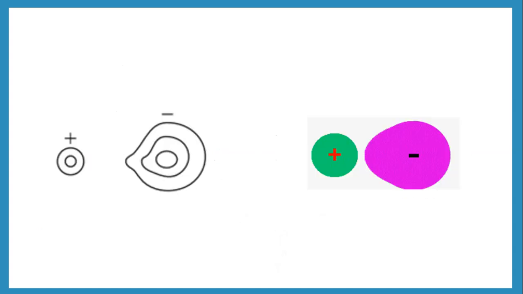But then sometimes the electrons are not exactly around the negative ion. Sometimes the presence of the positive cation distorts the electron cloud, so the electrons are pulled a little bit towards the positive ion. Now that is called ion polarization.